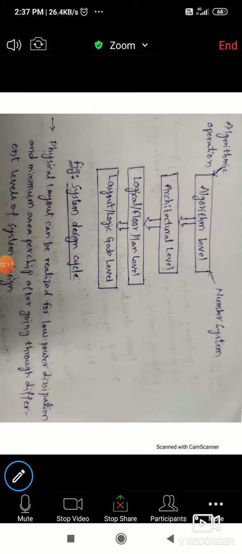These four steps are the main steps of the system design cycle. Here the physical layout can be realized for low power dissipation and minimum area per chip after going through the different levels of system design.